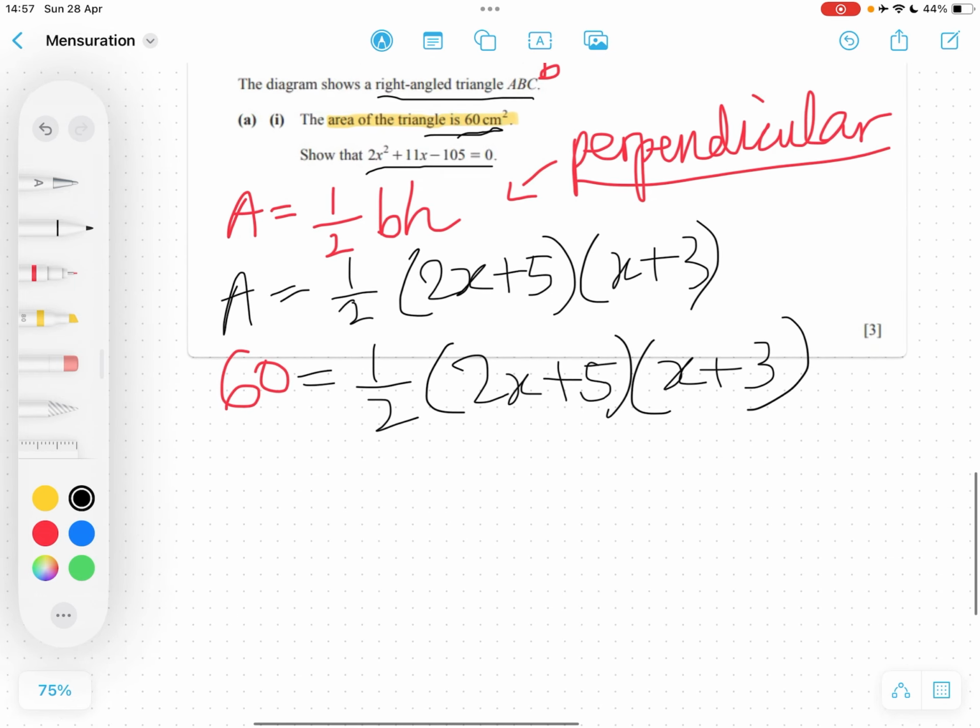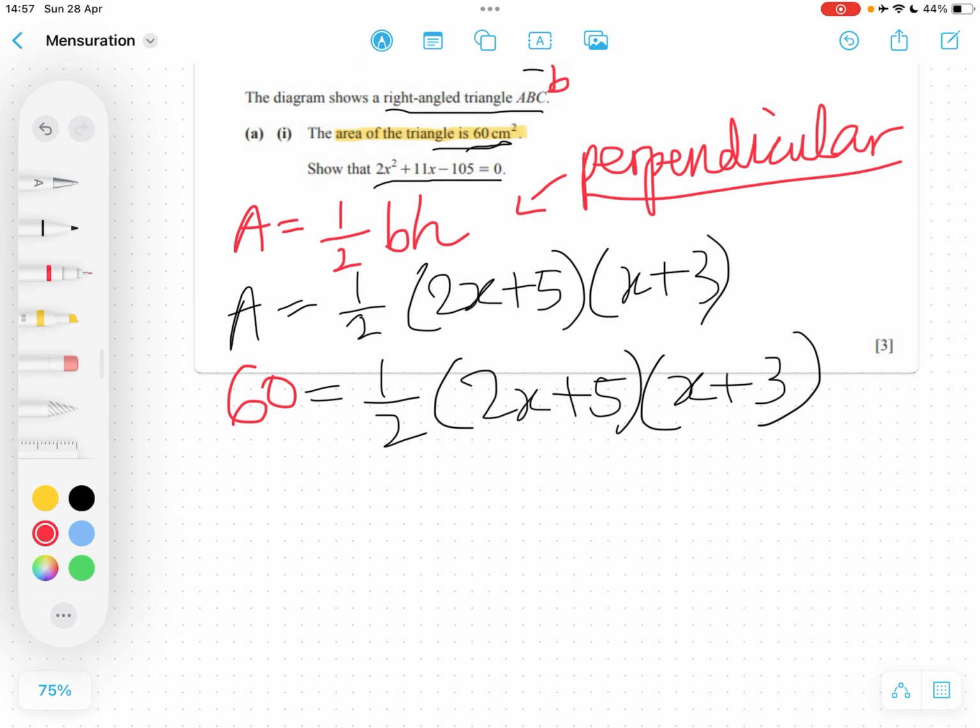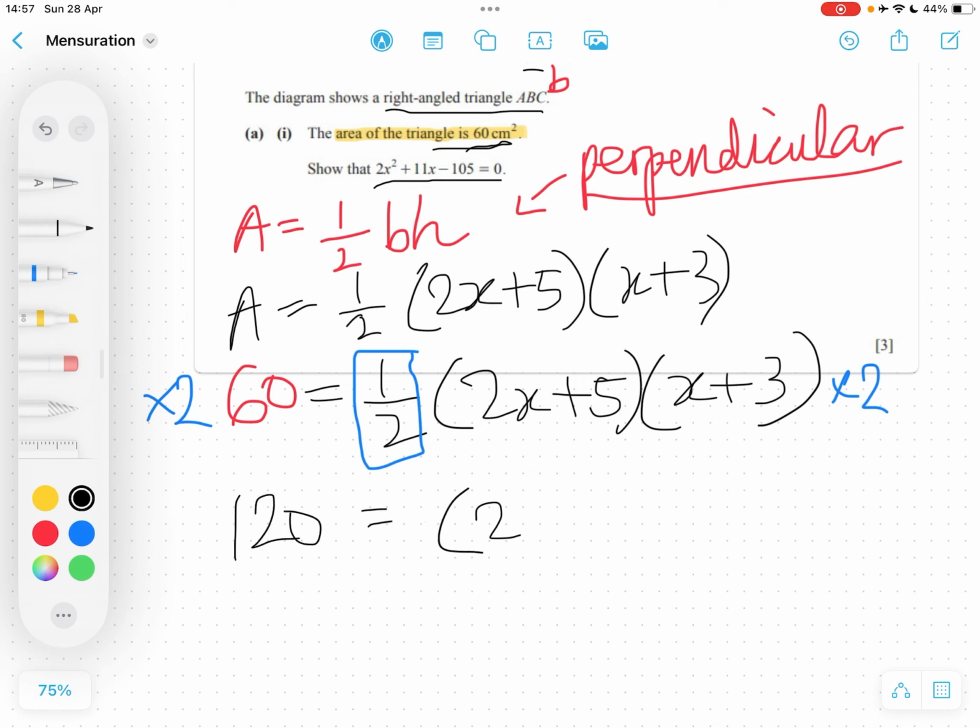And now, to neaten this up, we have to multiply both sides by 2, because 1/2 times 2 is just 1. So after we do this, the fraction will go away. So that becomes 120 equals 2x plus 5, times x plus 3.